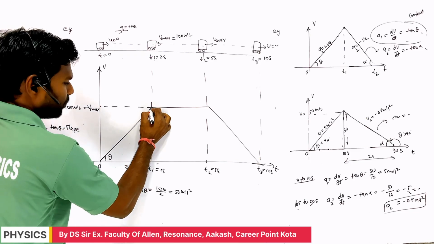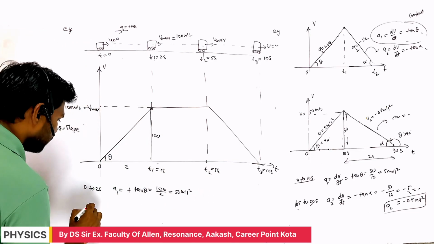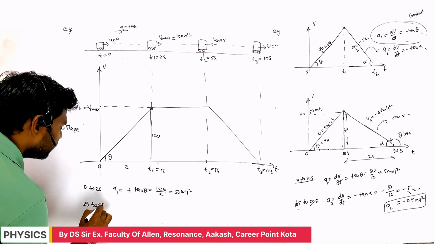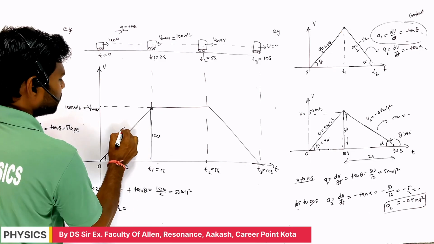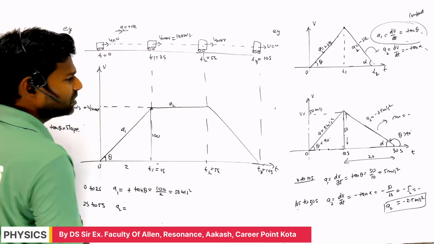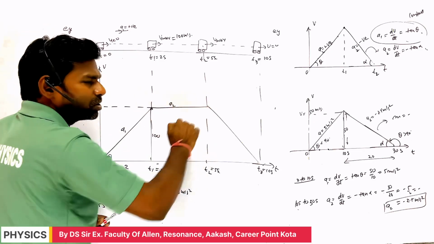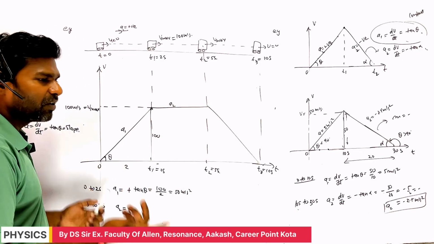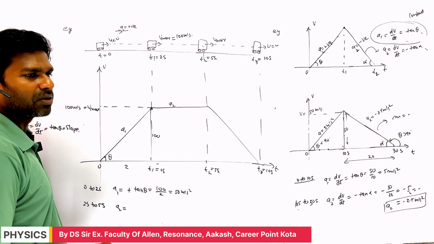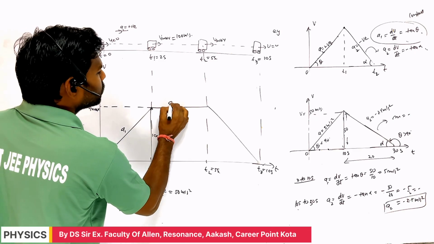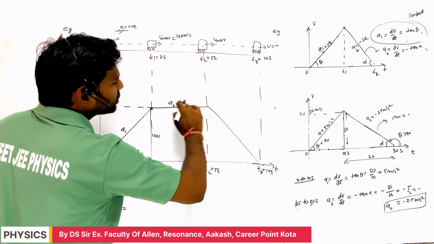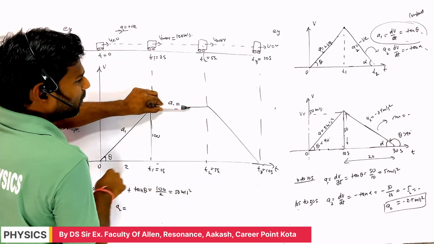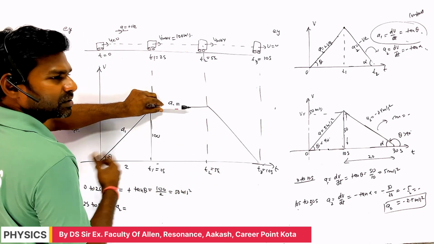For example, now from t1 to t2, 2 second to 5 second, what is the acceleration? This is the acceleration in this case. Tell me, the velocity is constant or not? If the velocity is constant, the acceleration is what? Say 0. Definitely it must be, because this is a straight line. What is the slope of this line? Say 0.